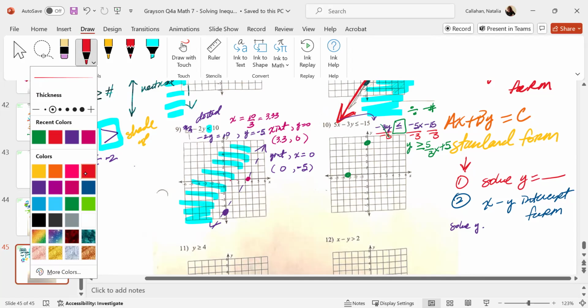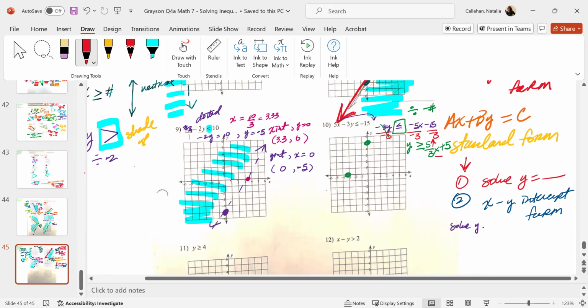Look at the slope. Up 5 over to the right 3, or over to the left 3. But do you see how we don't have enough space here? You can go 1, 2, 3, 4, 5, 1, 2, 3. So then you know it's a positive slope. So then you can just go down to the left to still make it a positive slope because you don't have enough space. You see that?